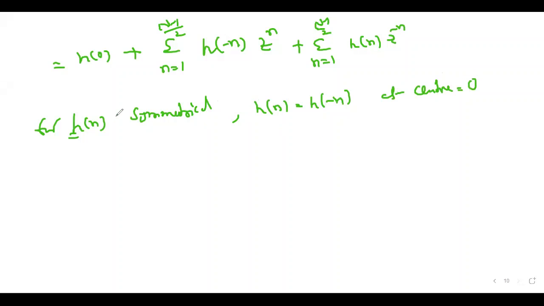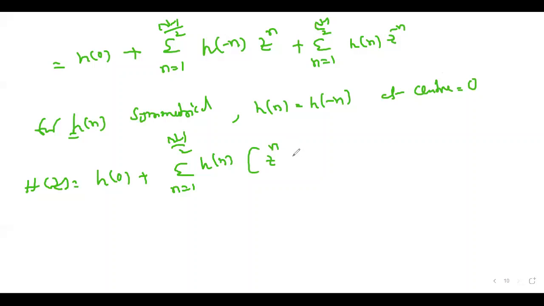Therefore, h of z can be written as h of 0 plus the summation n is equal to 1 to (N minus 1)/2 of h of n into z power n plus z power minus n.